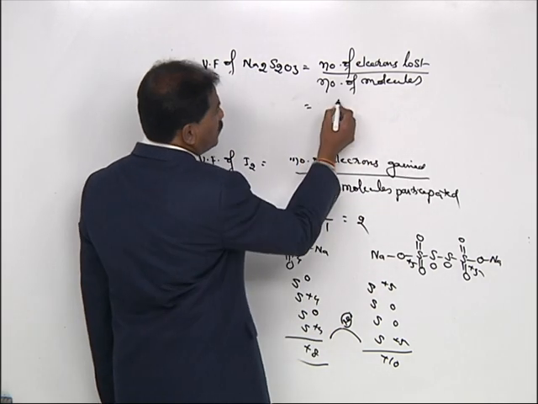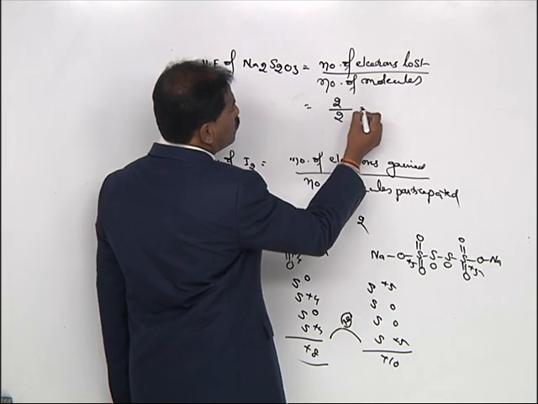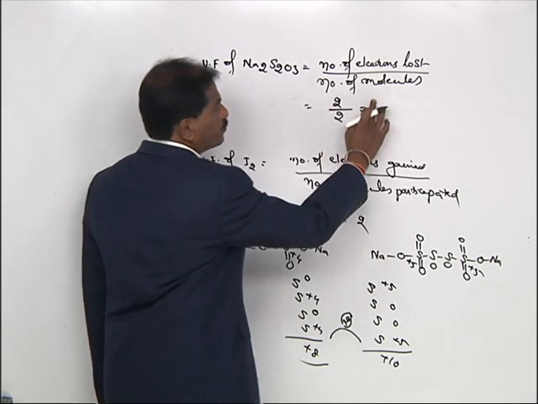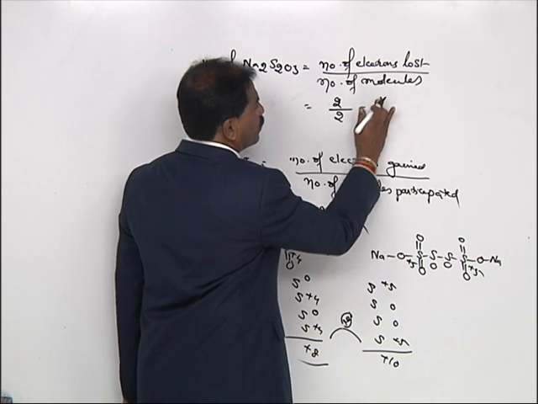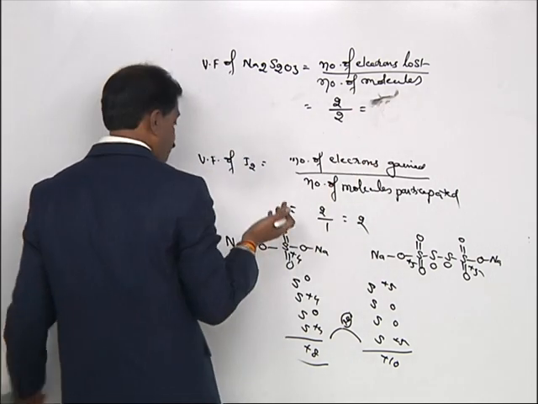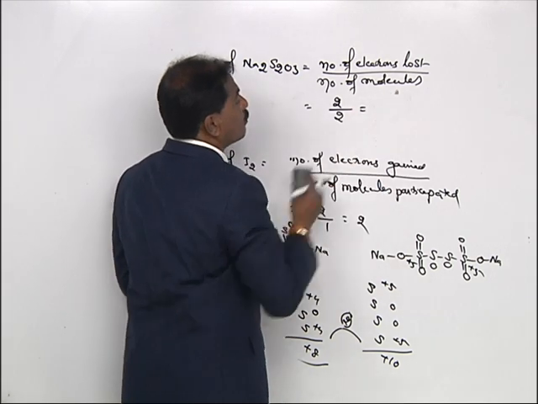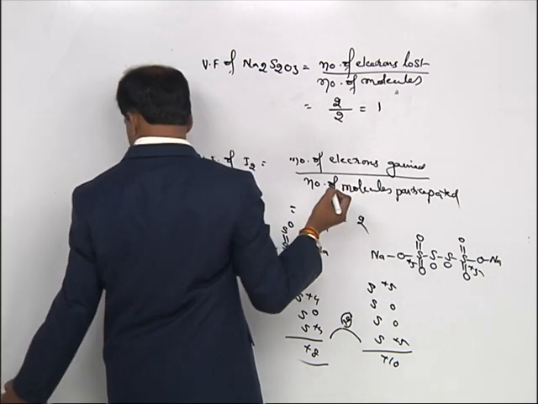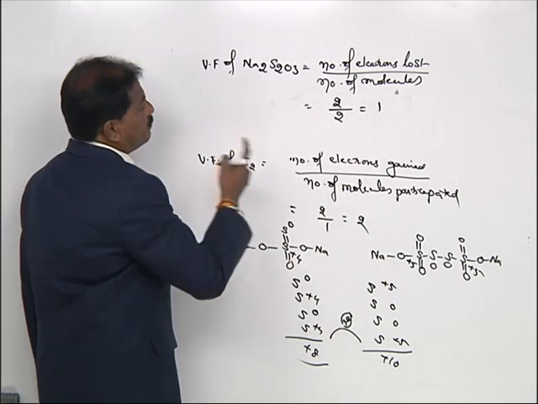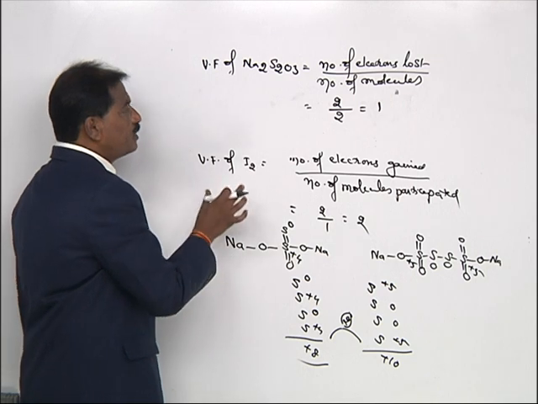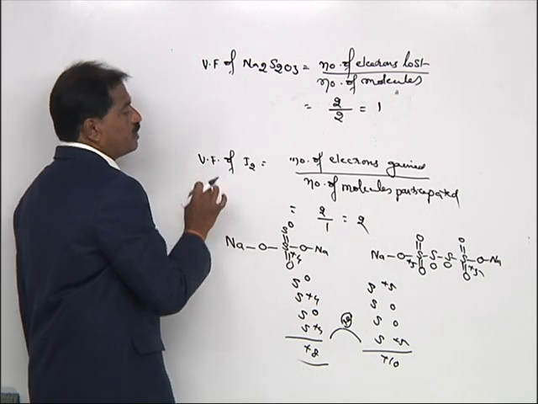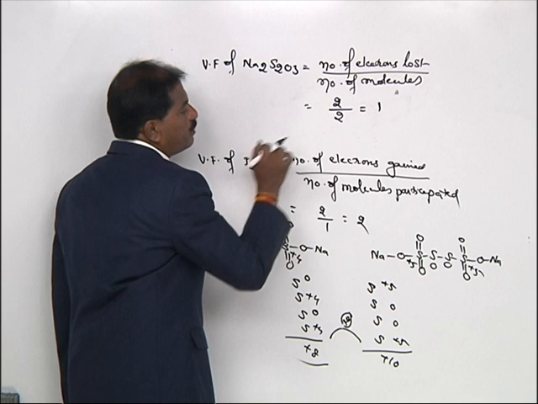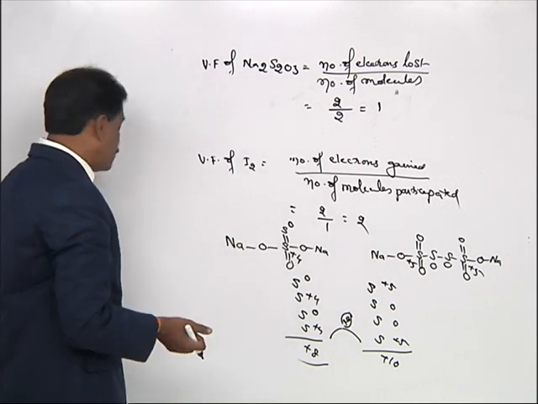Number of electrons 2, number of molecules 2, therefore 1. Valence factor of the hypo is 1. Therefore, whenever iodine and hypo react with each other, if you remember the valence factor of the iodine and hypo, then simplification becomes very easy.